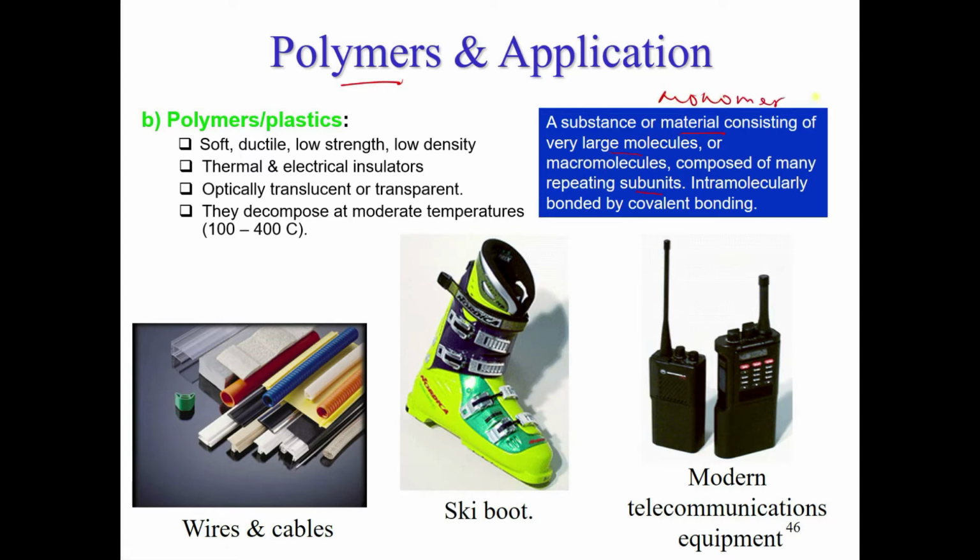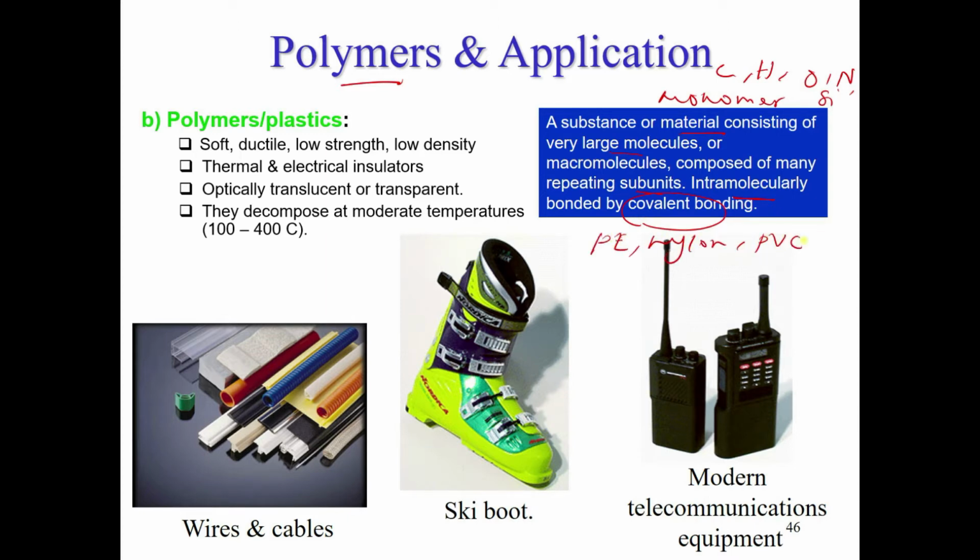Usually polymeric materials are organic compounds which consist of carbon, hydrogen or other non-metallic elements such as oxygen, nitrogen as well as silicon, which are internally molecular bonded by covalent bonding. The most common and familiar polymers are polyethylene, nylon or even PVC.